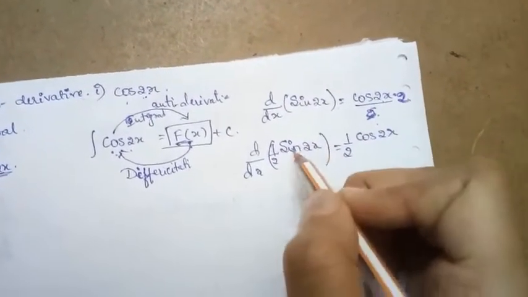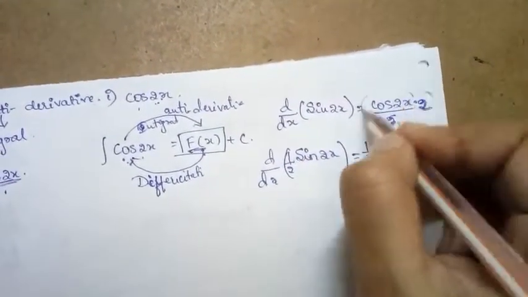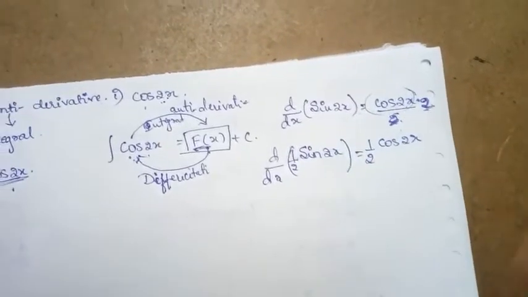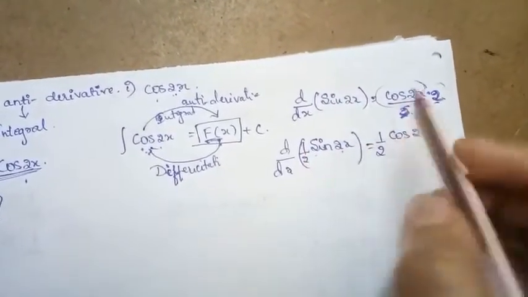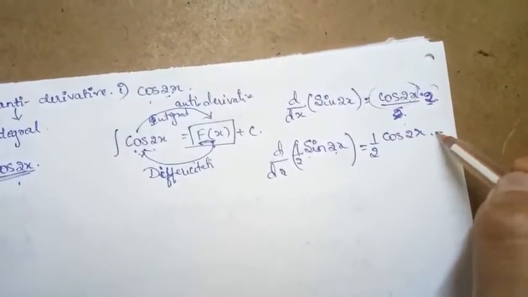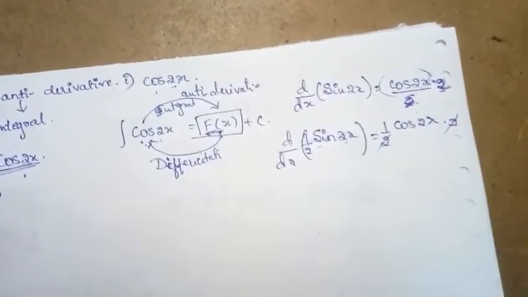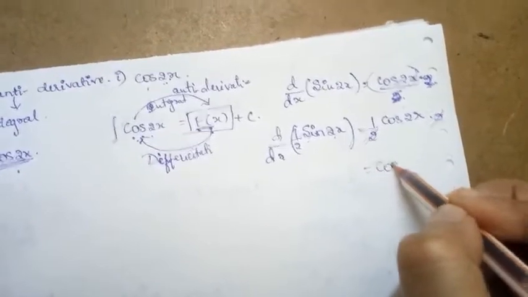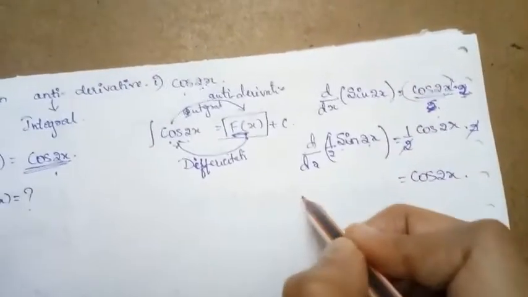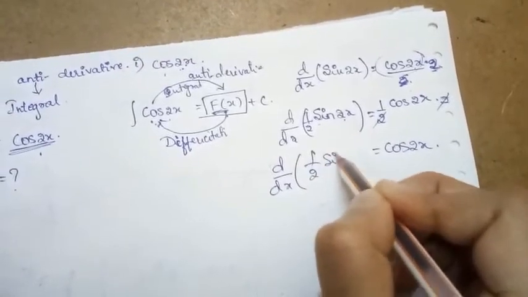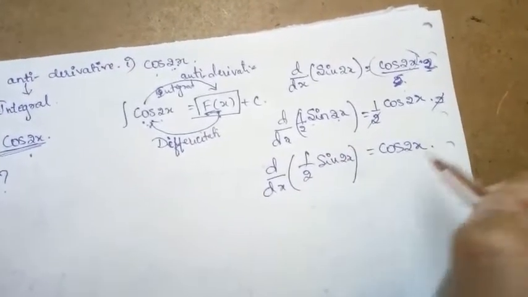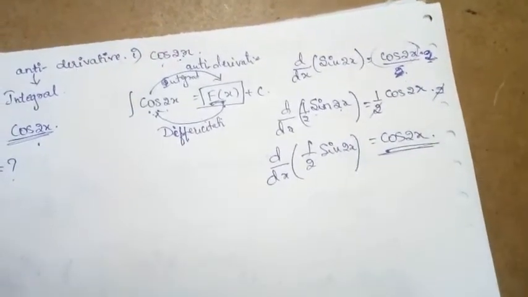Sorry guys, I have done it wrong: it is cos 2x into 2. I need only cos 2x, so this 2 is not required. So if I take 1 by 2 sine 2x, I get 1 by 2 cos 2x into 2. Now this 2 cancels, and we get cos 2x. So when we differentiate 1 by 2 sine 2x, we get the derivative cos 2x.